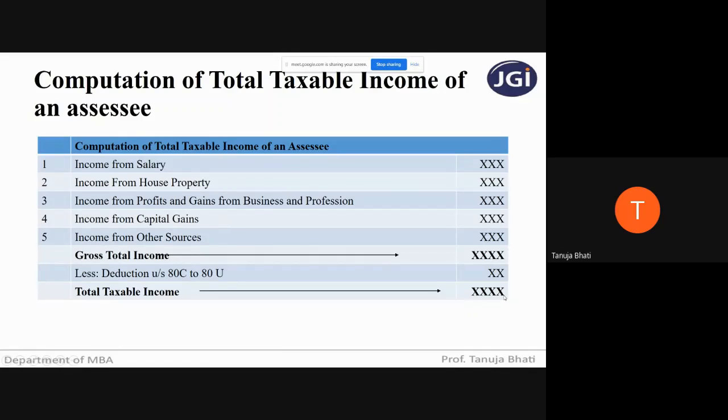So simultaneously, when I teach deductions, I will also cover problems on how to arrive at the total taxable income and how to calculate the tax. So let us now deal with the different deductions under sections 80C to 80U and the conditions that need to be fulfilled in order to get them.